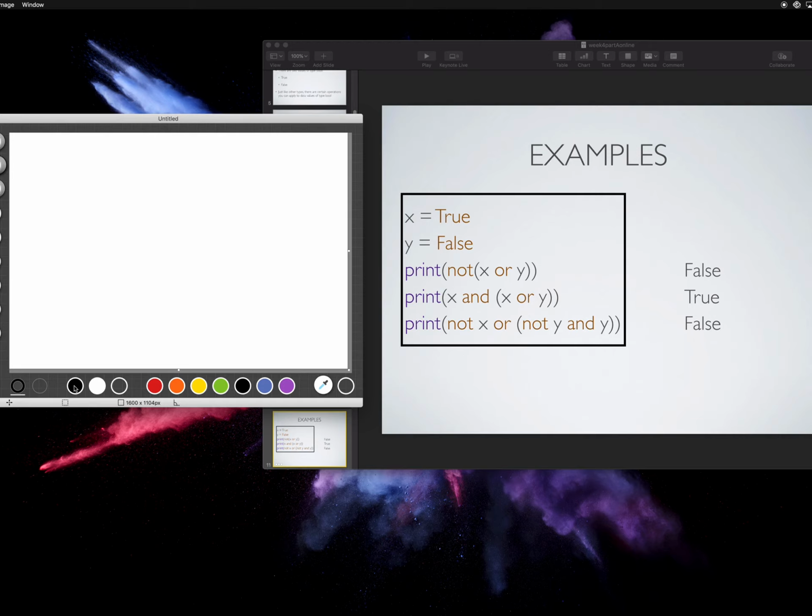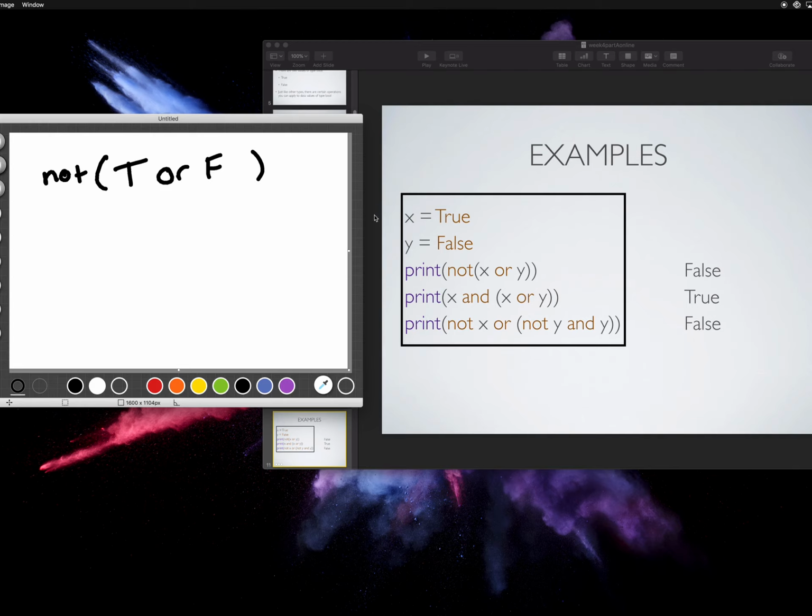Alright, so this first one we're going to be printing not (X or Y), and these parentheses do make a difference, so keep that in mind. X is true, and Y is false. The parentheses here mean the same as parentheses in a math expression.